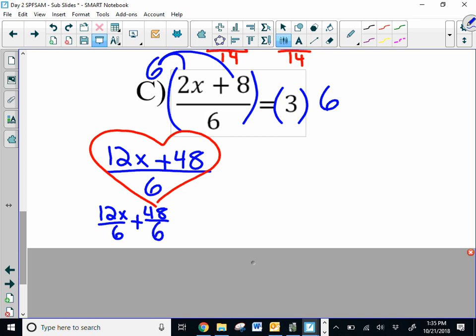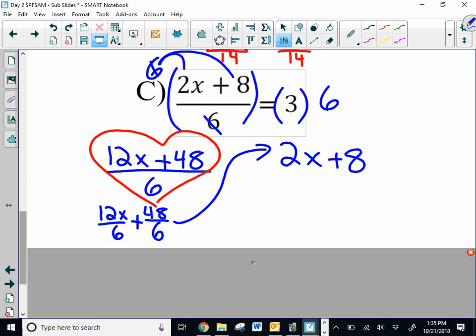That gives us 12 divided by 6, 2x, plus 48 divided by 6, 8. So notice, if we do this the long way, we still get the same thing as if we just canceled out those 6's.